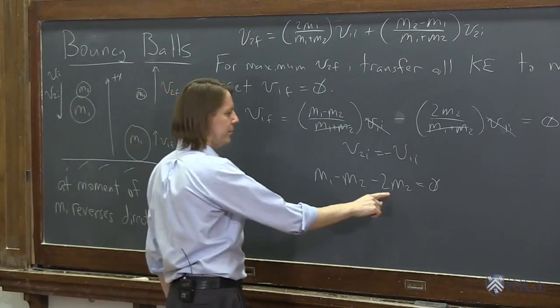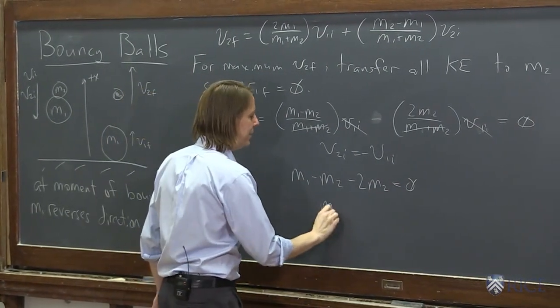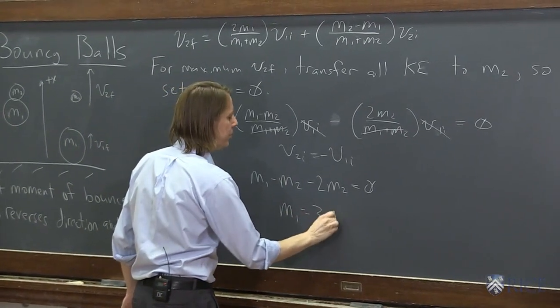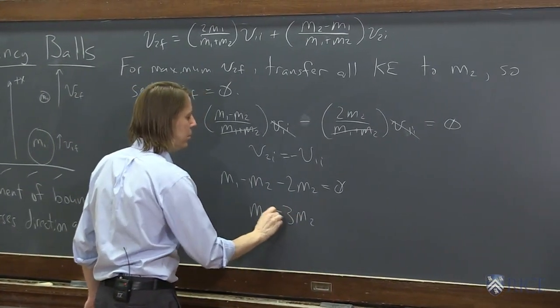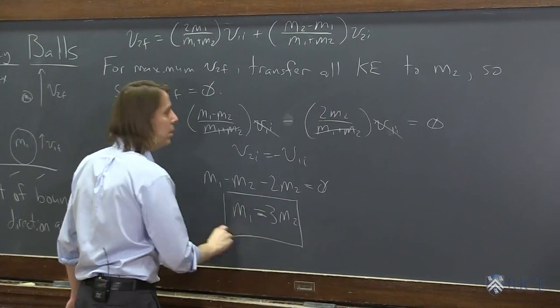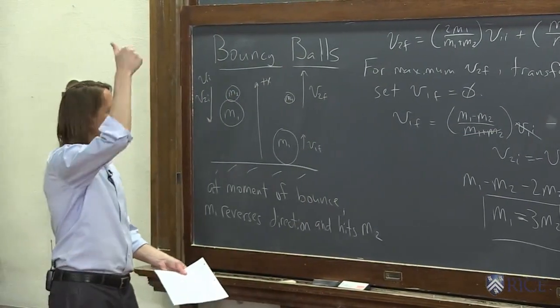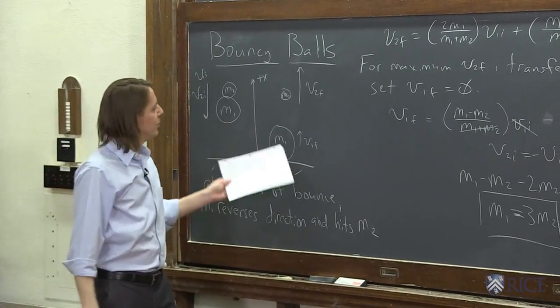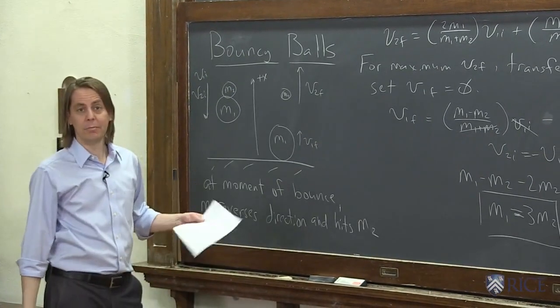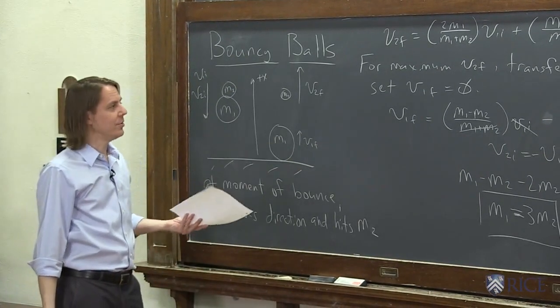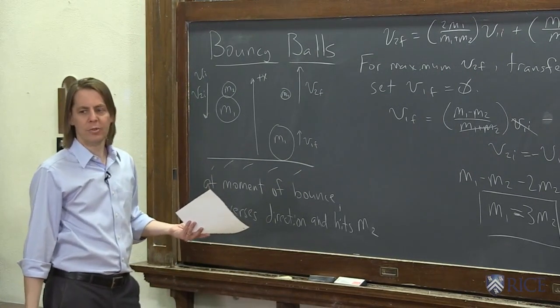All right, so that's minus 3m2, move it to the other side, and you get that if m1 equals 3m2, this will be true. So if you want the maximum jump of the top ball, you want the ratio of their masses to be a factor of 3, is what the simple elastic collision problem told us.